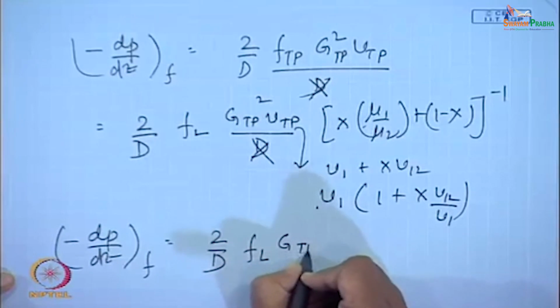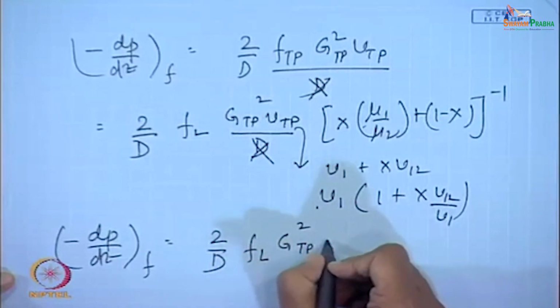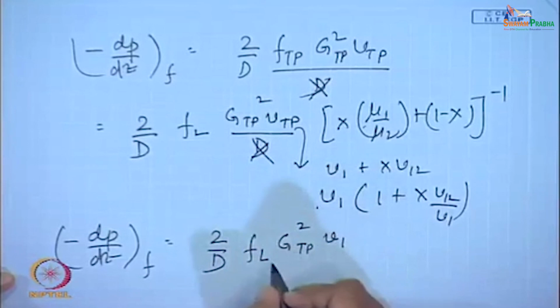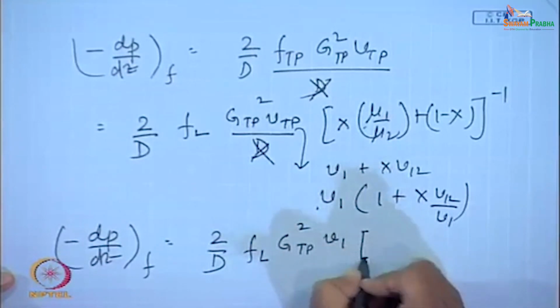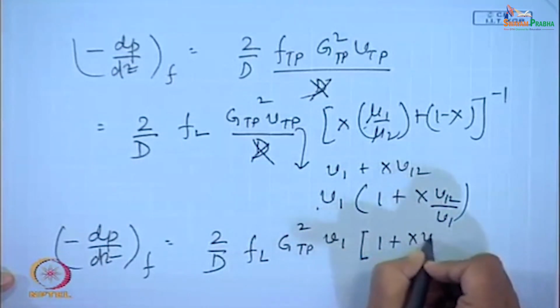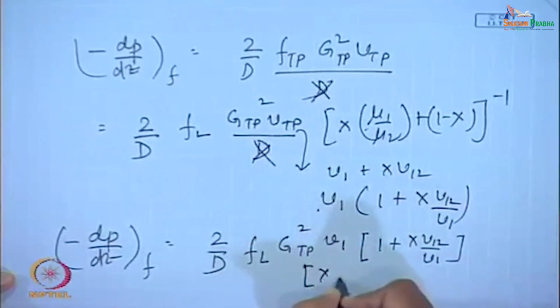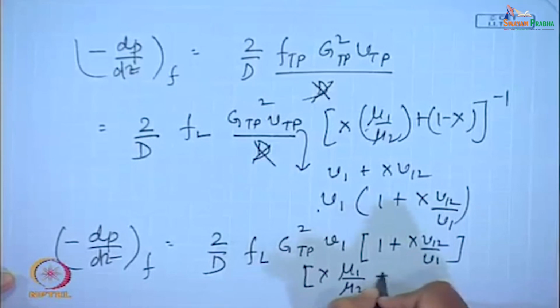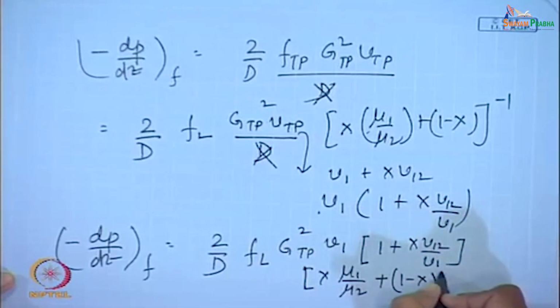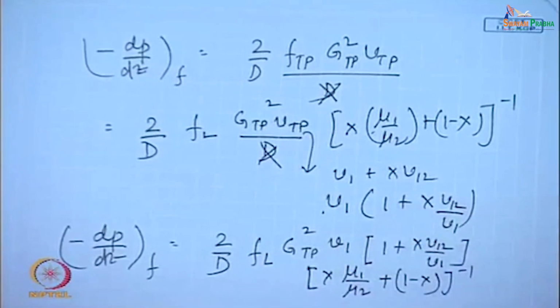Just note the type of substitutions that I am doing: V1 into 1 plus x V12 by V1 into x mu 1 by mu 2 plus 1 minus x whole to the power minus 1.